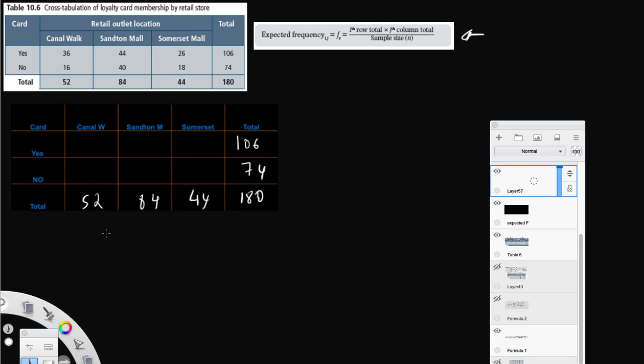Let's say for yes in Canal Walk, I take 106 times 52, divide by 180, and I get 30.6.